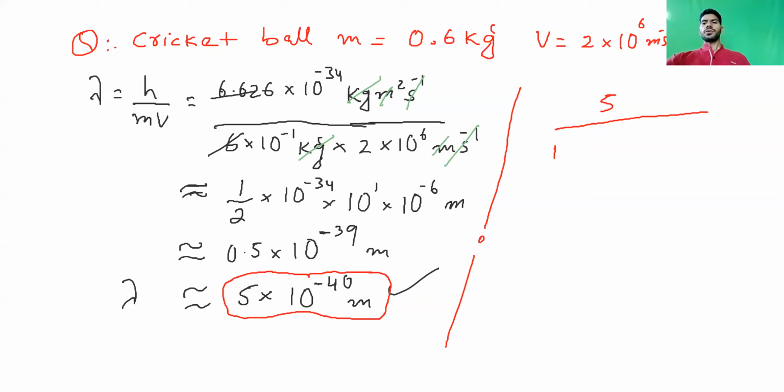So what will be the value coming here? The value will be very, very small. It will be 0.0000 up to a large number of zeros. So this wavelength is very small, which is neglected. It cannot be calculated. It is not easily observable. It doesn't lie in the electromagnetic spectrum.